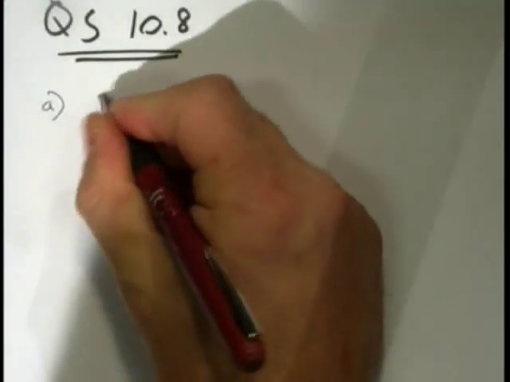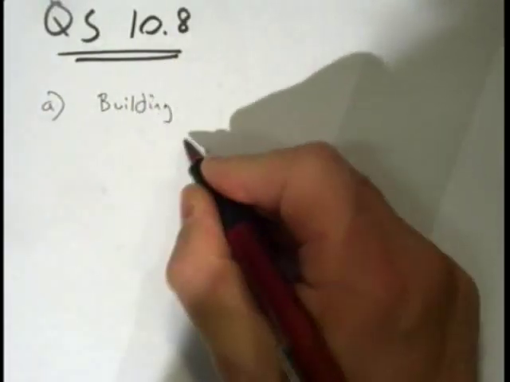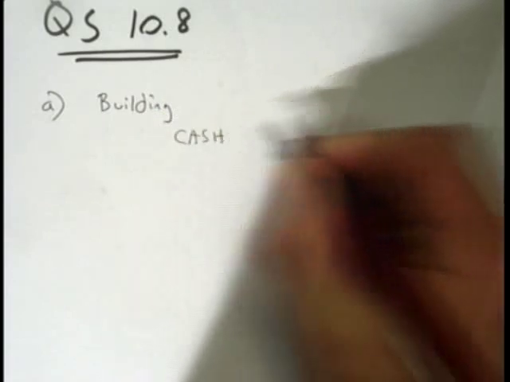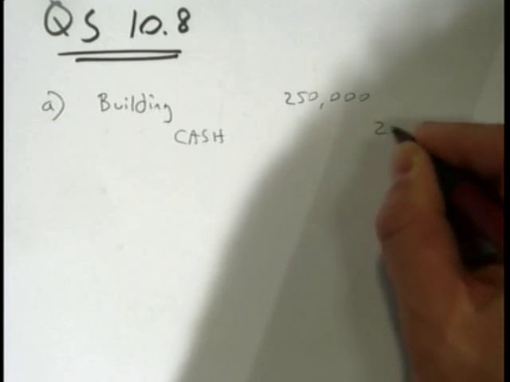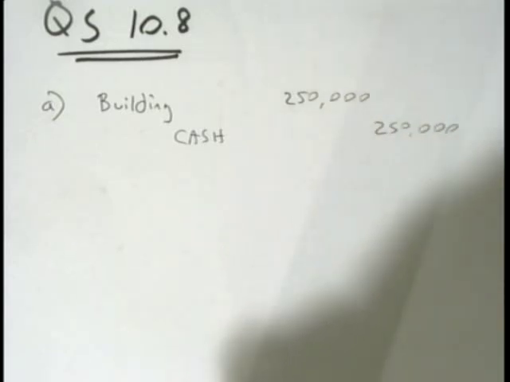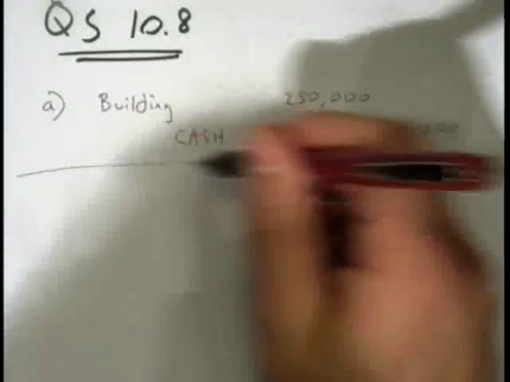So we would debit an asset, building, for $250,000. Now you might have titled your asset building addition or something like that. The key is that you debited an asset, and you will depreciate that asset.